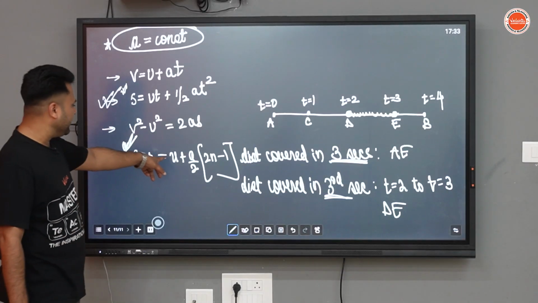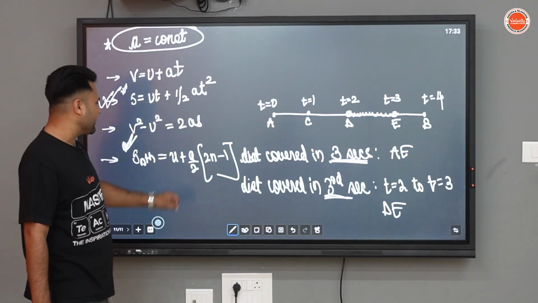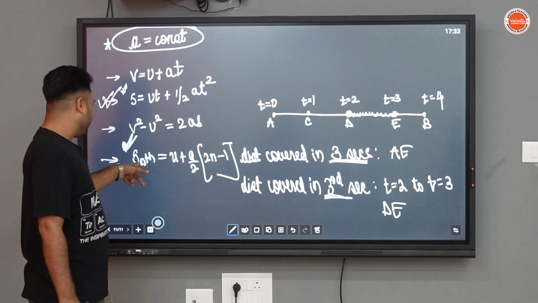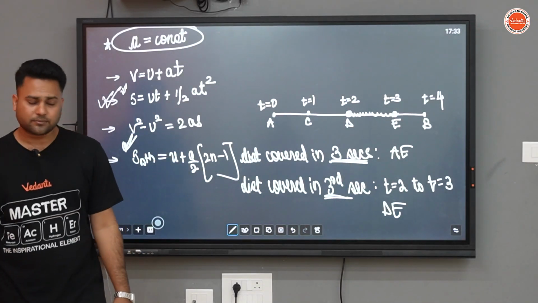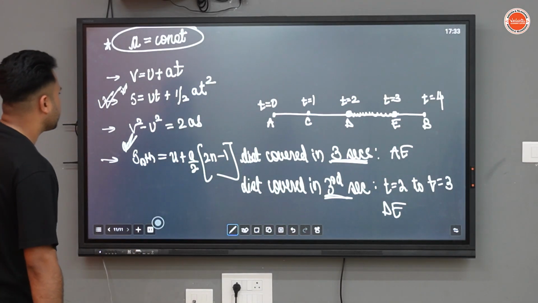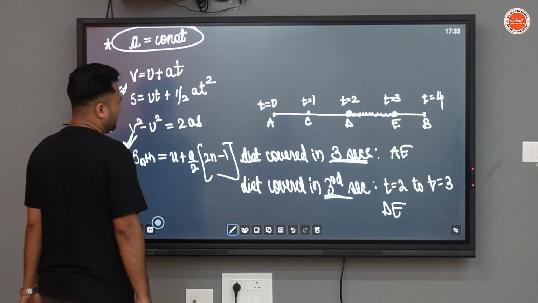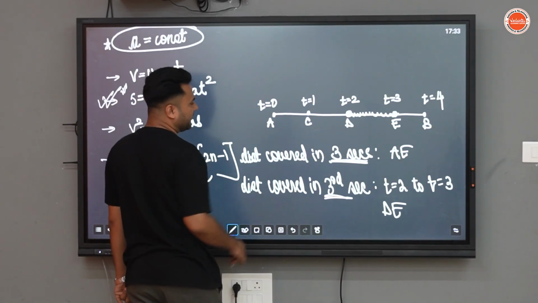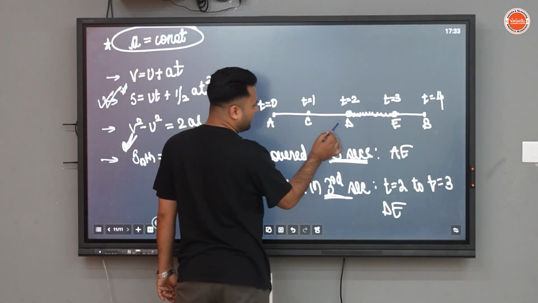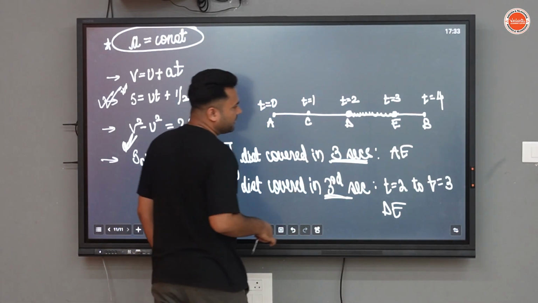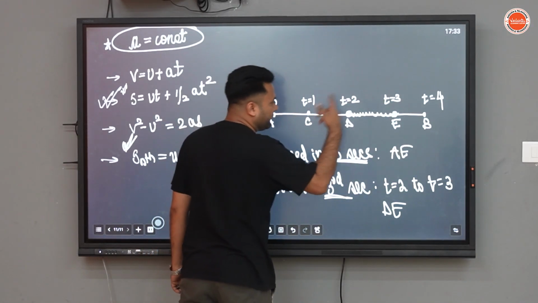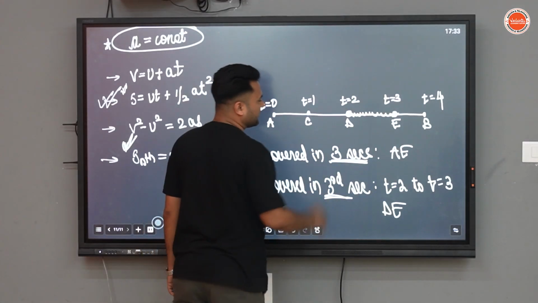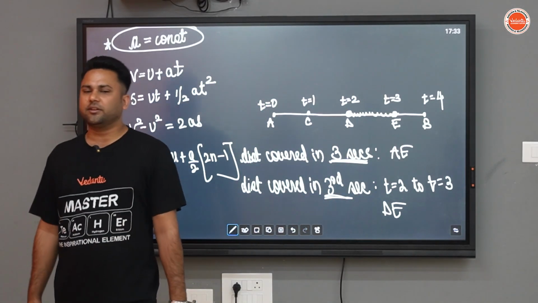U is the initial speed, A is the acceleration, n is whatever nth second they have asked. So 3 seconds if they ask means total 3 seconds. But third second they ask means from end of 2 second to end of 3 second. How much distance it has traveled. So this is the third second.